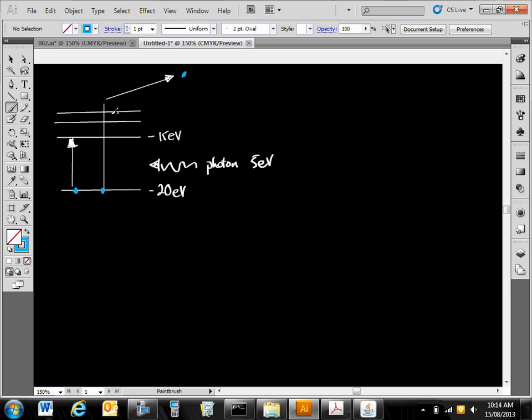Minimum 20 eV to become free, so that it becomes 0 eV of energy here, but we've actually given it more than 20 eV of energy with a photon. It could be any number, 25, let's say. So when this electron becomes free, it's still got a little bit of energy to move off at some velocity v.